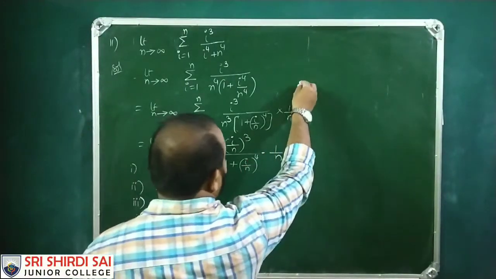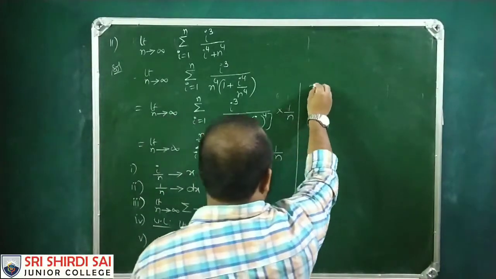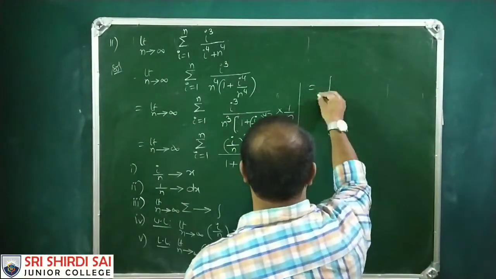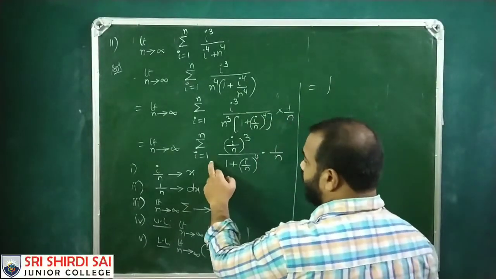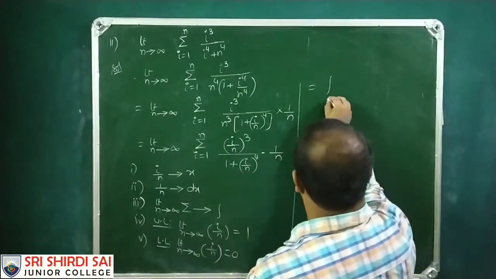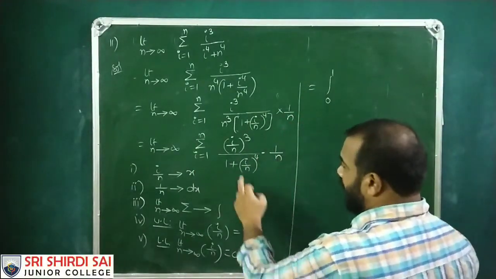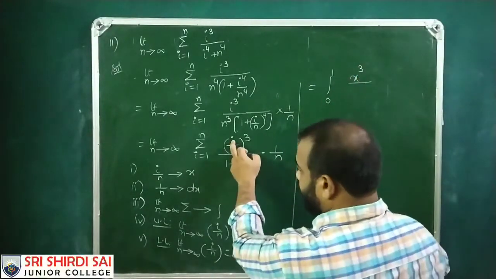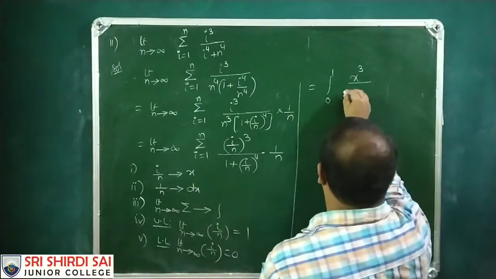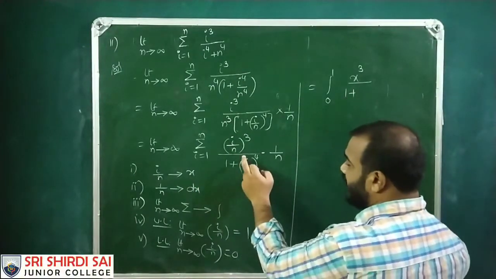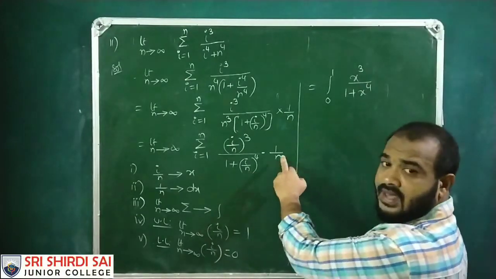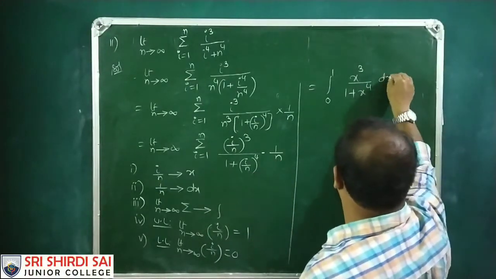So everything we have: sigma is the integral symbol, i runs from 1 to n is 0 to 1, i by n value is x cube, 1 plus i by n is x power 4, into 1 by n value is dx.